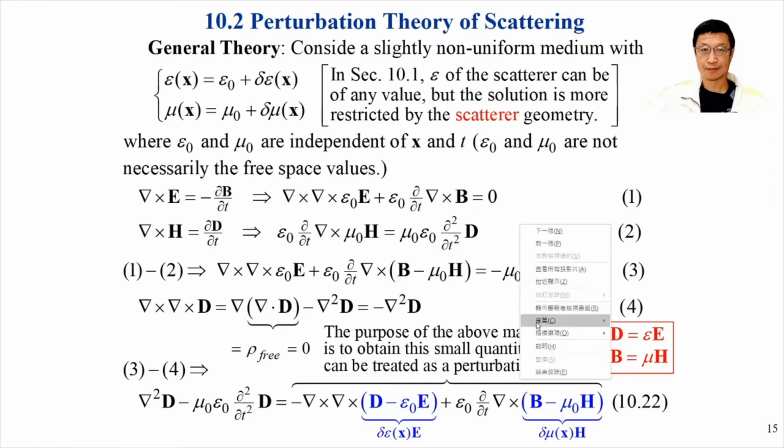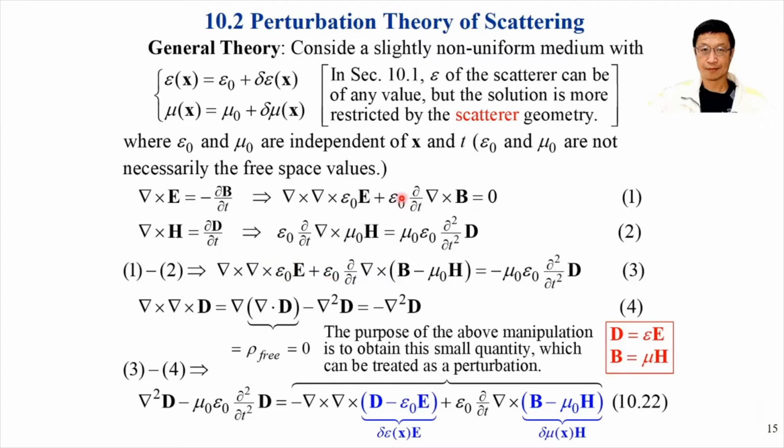Maybe I should use the laser pointer here. We got this one. And 1 minus 2. Okay, what is the purpose of 1 minus 2? 1 minus 2 gives us this, and this one can be something that looks similar. So in 1, this term does not change.